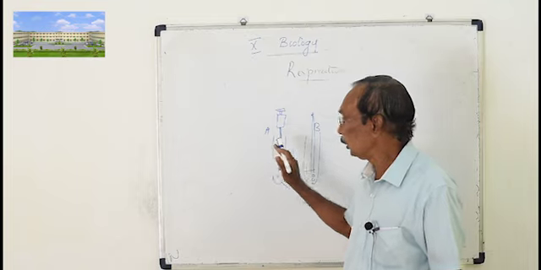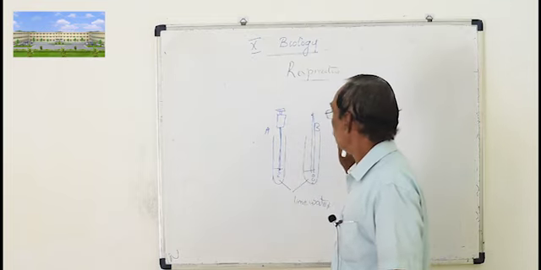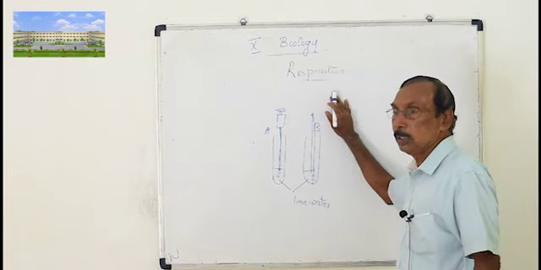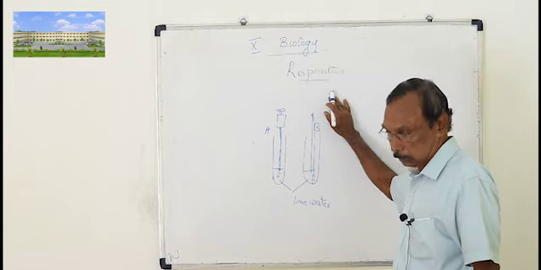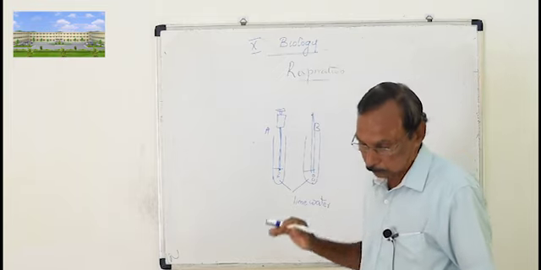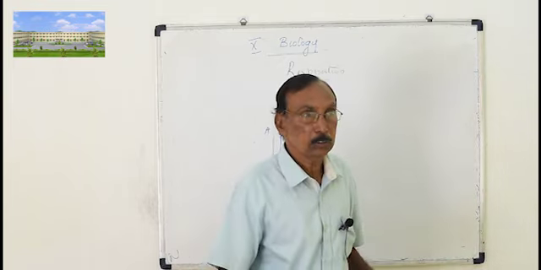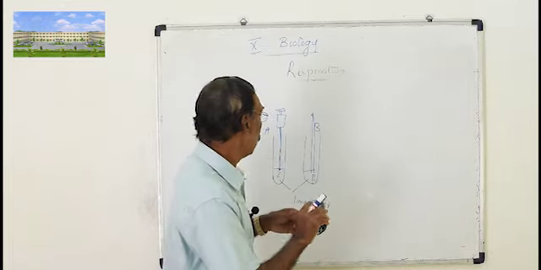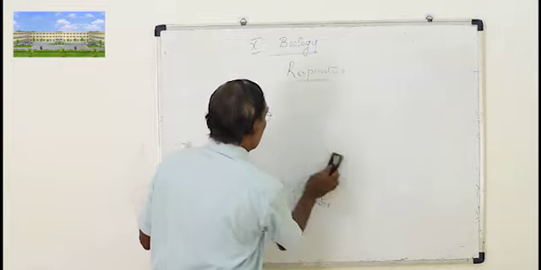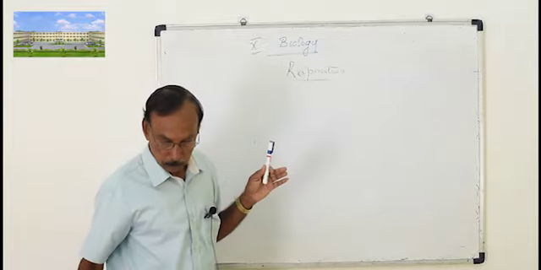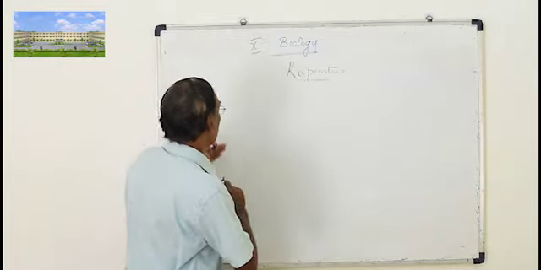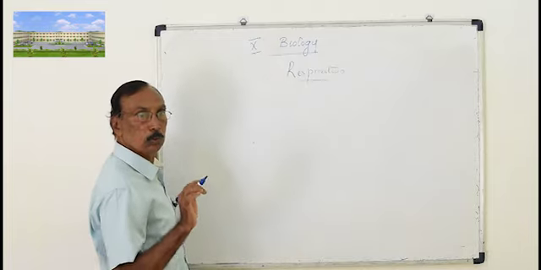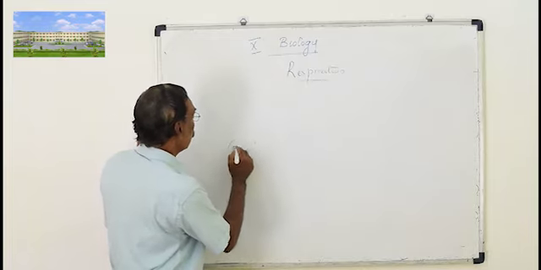Now the details of respiration: it is the breaking down of food to release energy. The first step of respiration is common in all organisms. The food that is taken for respiration is glucose.